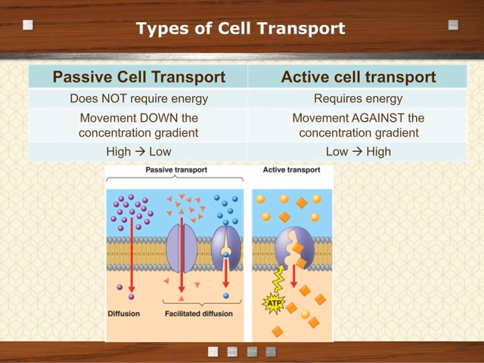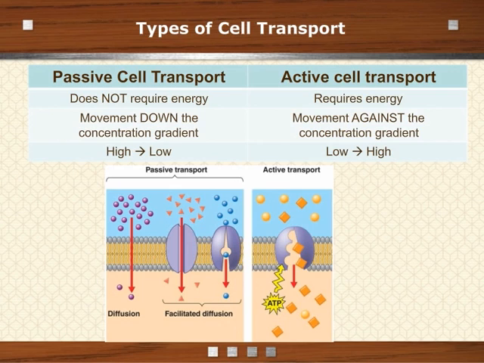If you look at the picture, the illustration, it very clearly shows you how this is the case. So on one side of the cell membrane, you have a fair number of molecules, a high concentration. While on the other side of the cell membrane, you have just a few molecules, a low concentration. So you are moving from a high concentration to a low concentration, which does not require energy input by the cell.